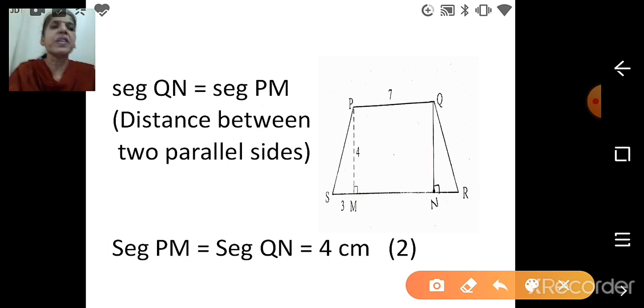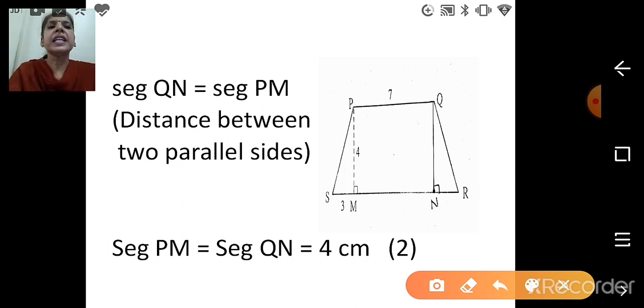So the first thing we have seen is that PM and QN have become parallel. Now we have seen they are the distance between two parallel lines, so they are equal in length also. So segment PM is equal to segment QN is equal to 4 centimeter. And the number in the bracket indicates that this is the second finding. First we said PM and QN have become parallel.